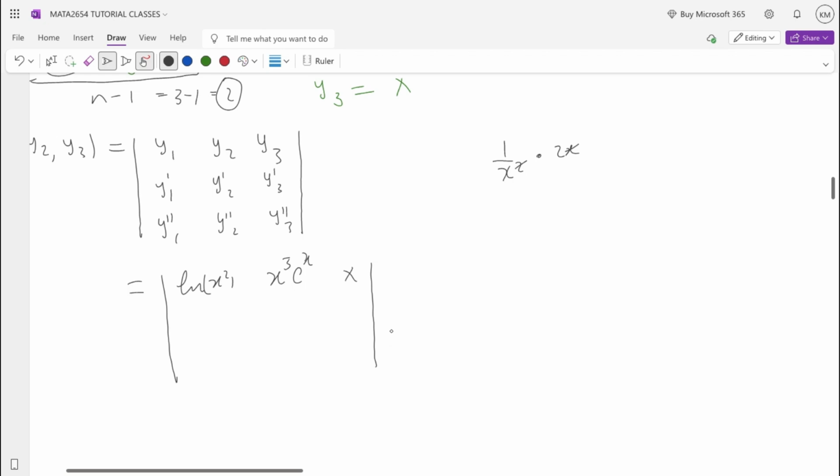So it's 2 all over x. Yeah. Then what about this one? We're going to have 3x squared e to the x plus x cubed e to the x. Then of this one is just going to be 1.